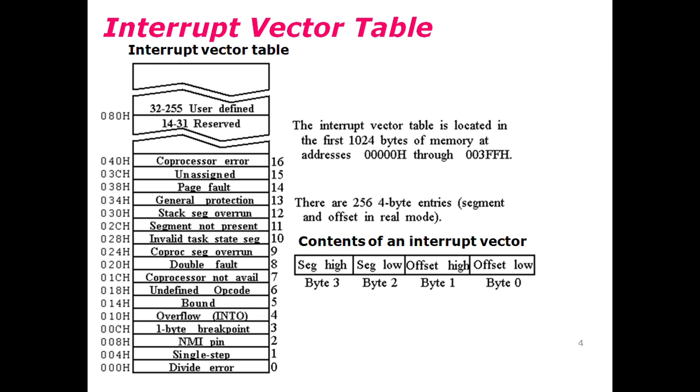So basically, these 2 values, the offset address and the segment address, are loaded into the instruction pointer and the code segment register, and then the physical or memory address is calculated as with other addressing modes, left shifting the segment number by 1 hexadecimal digit and then adding the offset address.